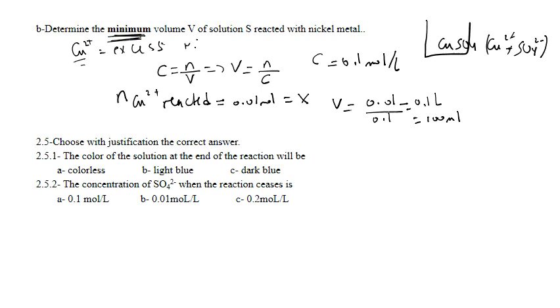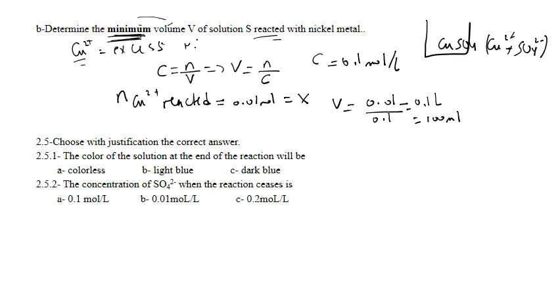If the question was to calculate the volume of solution S added to the beaker at the beginning of this experiment, we can use the number of mole of copper ions initially at time equals 0, which is equal to 0.02. But since the question is to calculate the minimum volume that should react with the Ni metal, we have to use the number of mole of Cu2+ reacted. Be careful with this question.